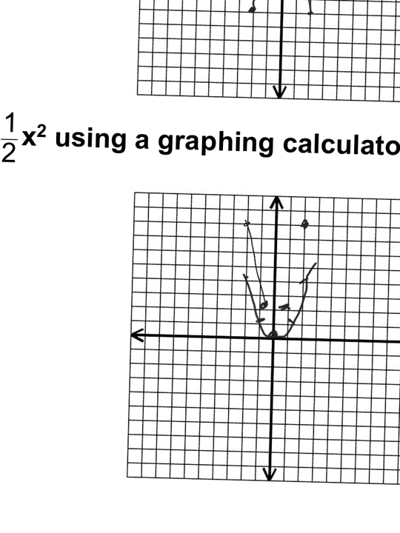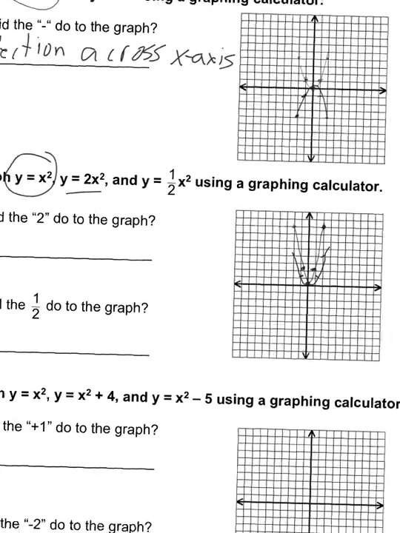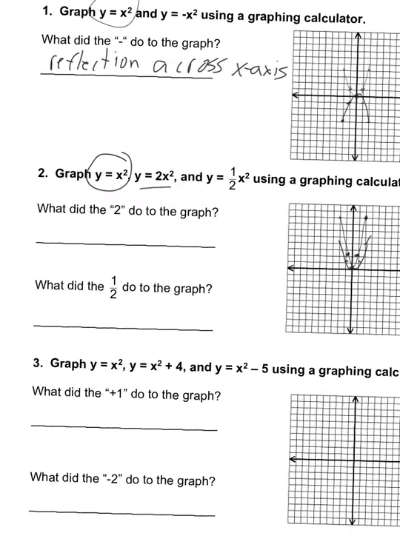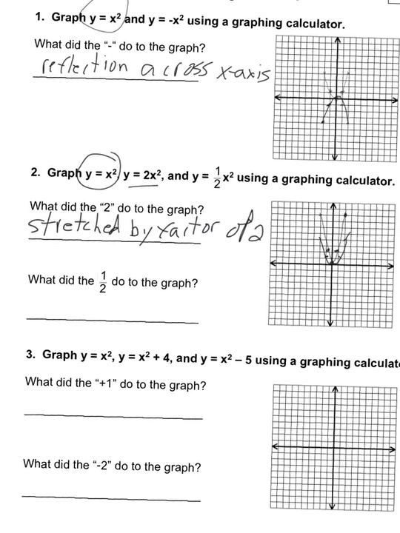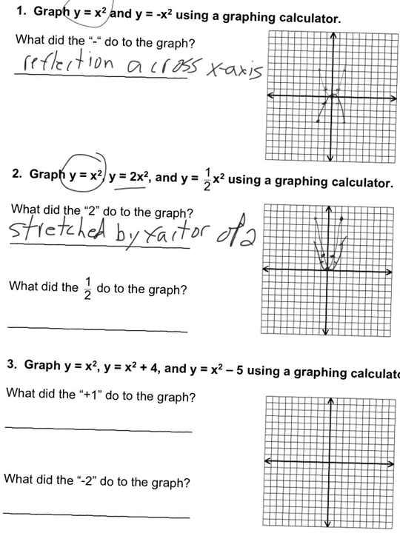So it would go like this. I can see that it is much taller than the parent. It's taller, steeper. We call that a stretch. So this is stretched by a factor of 2.